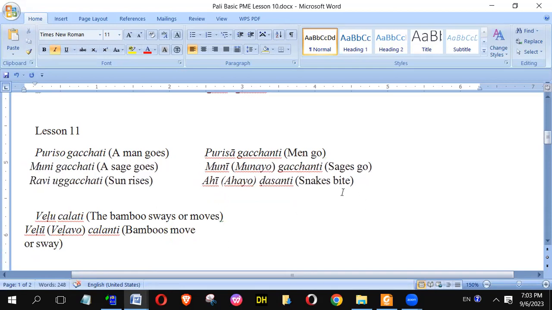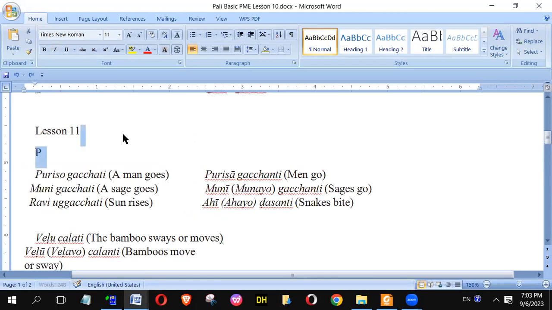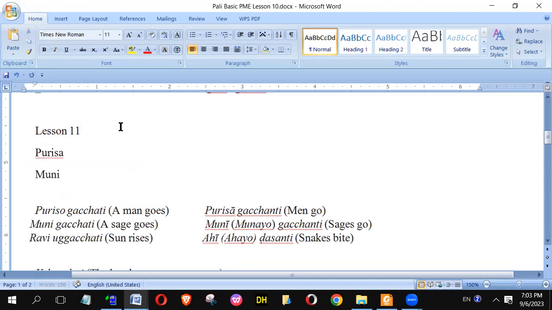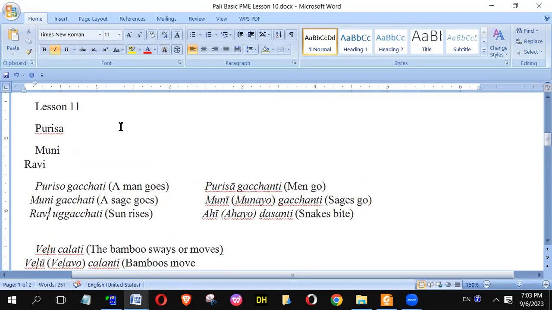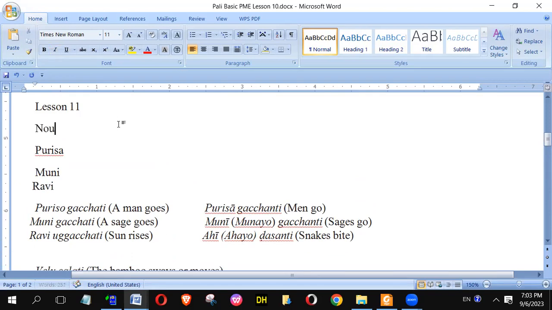It's only because if you already start to learn now, you need to have more nouns here. So the noun here is purisa. You have Muni here, you have Ravi here. This is a noun. So from this lesson onward, you need to know what is a noun here, and you also need to identify the verb.